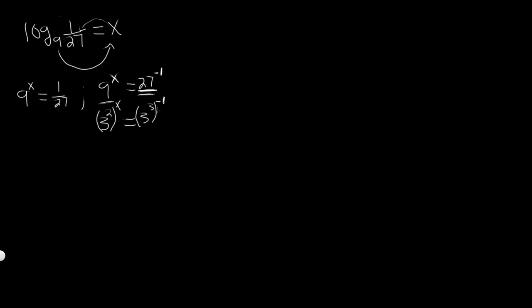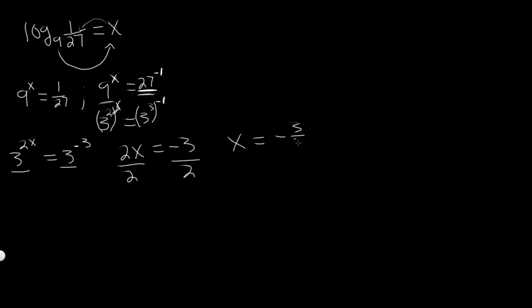And then we're going to simplify this. We're going to multiply the exponents, so 3 to the 2x is equal to 3 to the negative 3. Now that we have the same base, we can just compare the exponents, and this is going to be 2x is equal to negative 3. And then when we solve, we divide by 2, and this leaves us with x is equal to negative 3 halves.